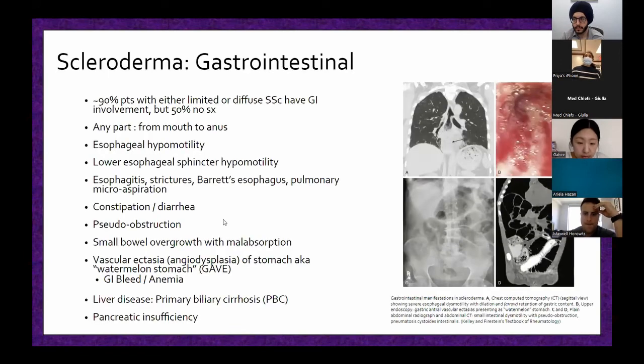So what are the GI involvements of scleroderma? GI-wise, 90% of patients with either limited or diffuse scleroderma have GI involvement, but 50% don't even have symptoms yet. It can affect any part of the GI tract, and there are many different manifestations depending on which part of the tract is involved.